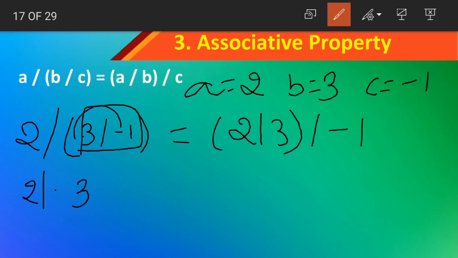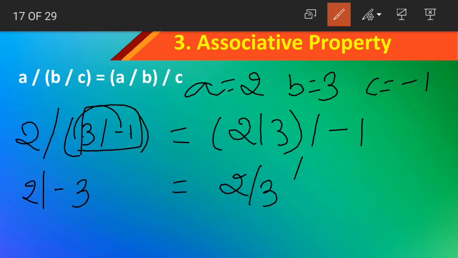Coming to the signs, both the signs are different, so the answer will be negative. Coming to 2 by 3, we can solve the fraction part of it, but let us keep it that way. The answer will be 2 by 3. We can convert into a decimal, but for now let us keep it as a fraction only. 2 by 3.